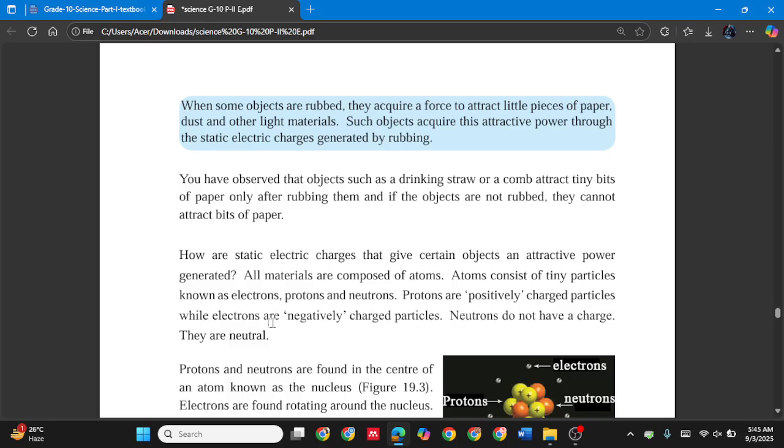You have observed that objects such as a drinking straw or a comb attract tiny bits of paper only after rubbing them, and if the objects are not rubbed, they cannot attract bits of paper. Read it again and check whether you understood it.